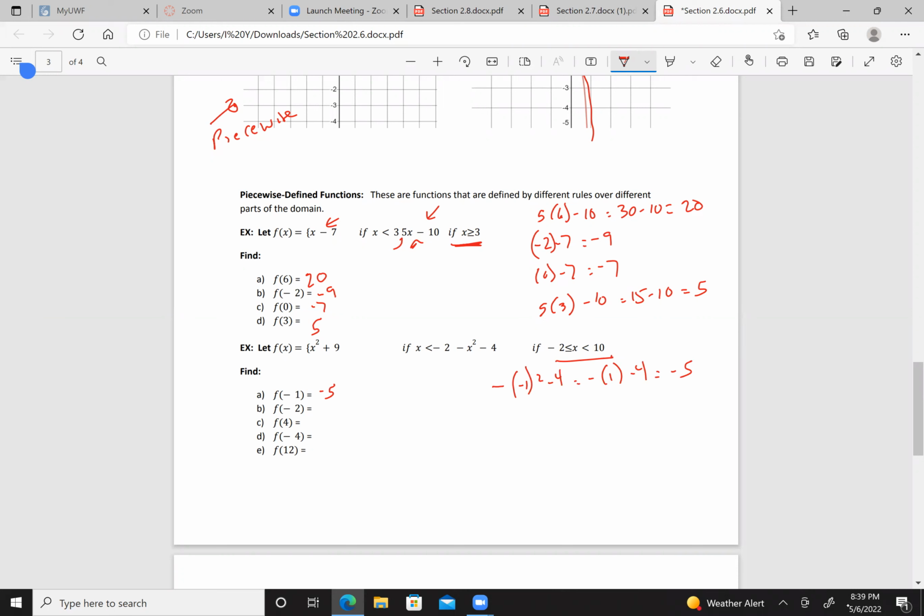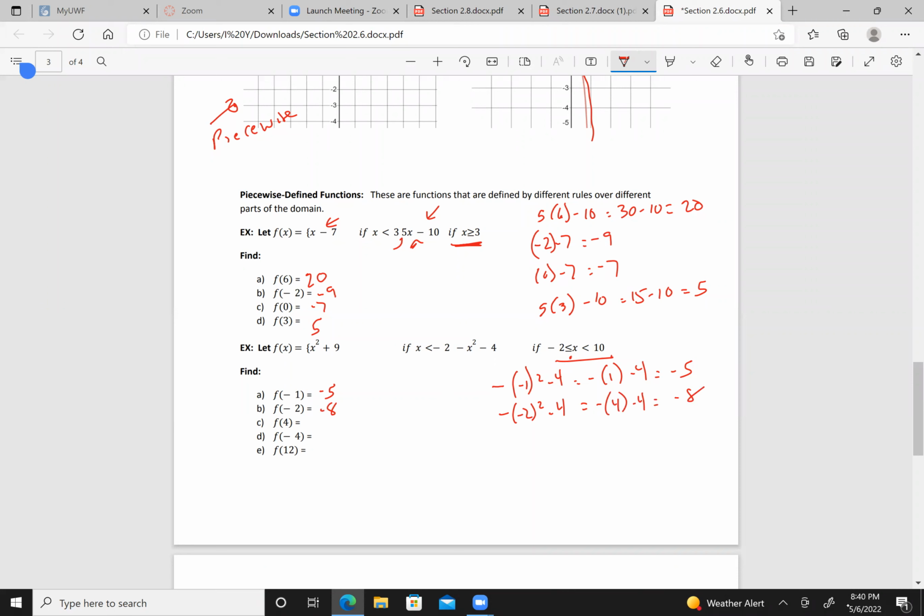Okay, I have negative 2. I'm using the same equation. It has equal. I have the negative of negative 2 squared minus 4, which equals the negative of 4 minus 4, which equals negative 8.